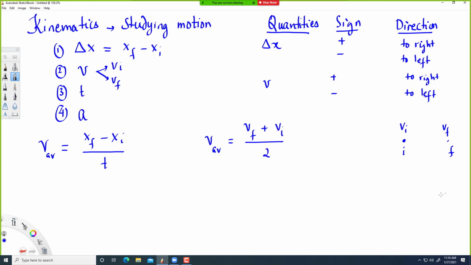Like if you have 2 and 5, the average of these two numbers is add them and divide by 2. So the average of this one and this one is that. And also we can write the average velocity as change in position over time. So these two are both average velocities.